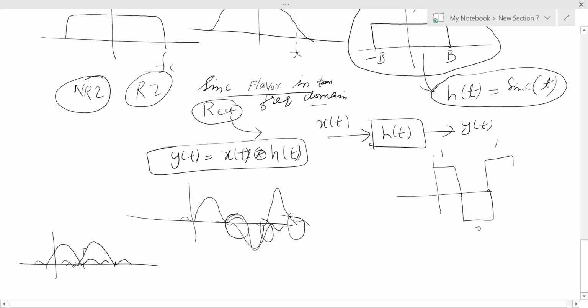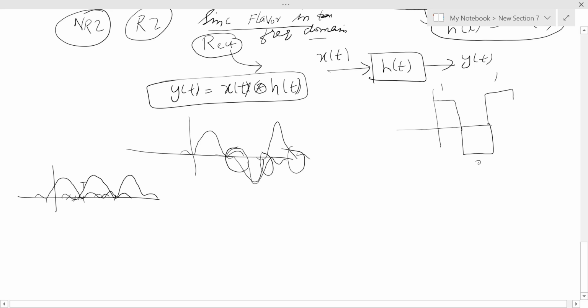Then again, the receiver may not be able to decode it properly. Okay, so there is intersymbol interference between the symbols. Now how to undo this? This is what Nyquist asked.